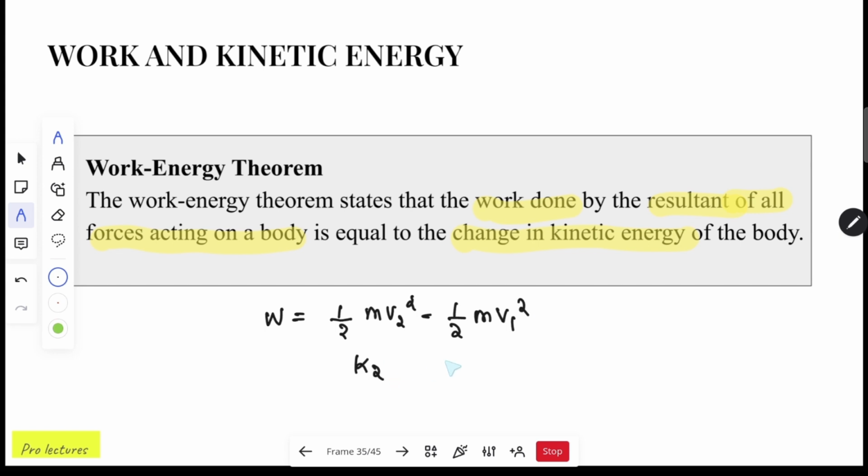This was the final kinetic energy, this was the initial kinetic energy. So the work done by the resultant of all the forces acting on a body is equal to the change in kinetic energy of the body. Simple as that.